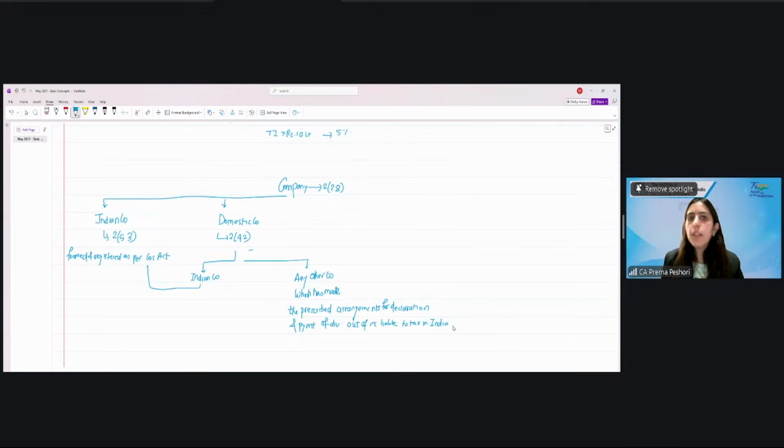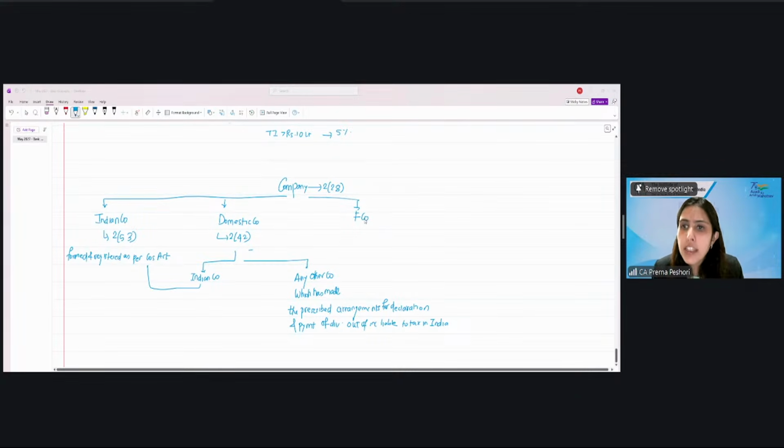So any foreign company which has made the arrangements for declaration of dividends in India, that can be considered as a domestic company. Are we getting this? And then you have a foreign company, which is again defined under the law.